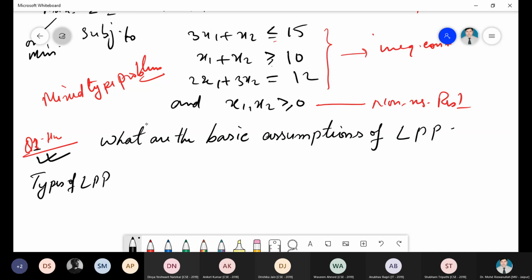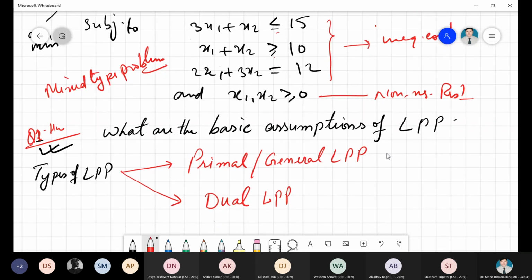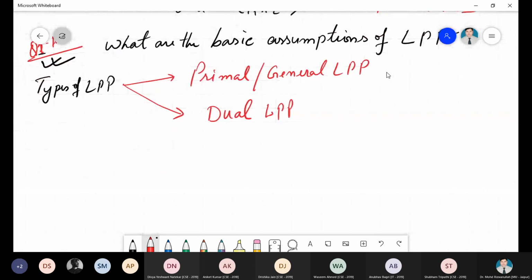One we'll call the primal LPP, or general LPP. We will study it, and there are different methods; one by one we'll go there. And the second is the dual LPP. Dual LPP plays an important role in solving the primal one, because sometimes the dual is easier to solve rather than going for the primal or the general linear programming problem, right? Is there any doubt, anything you want to ask, please?